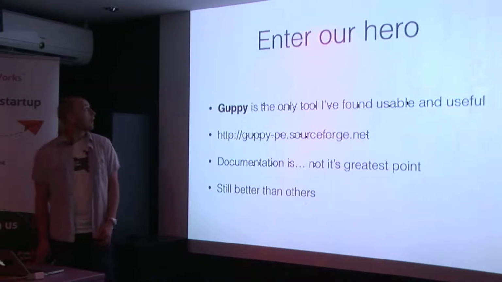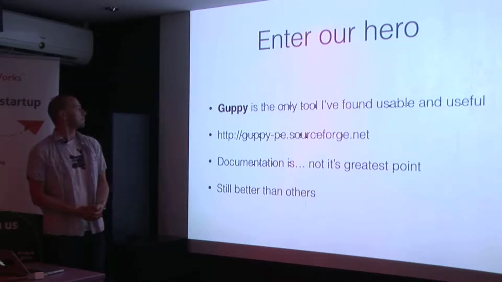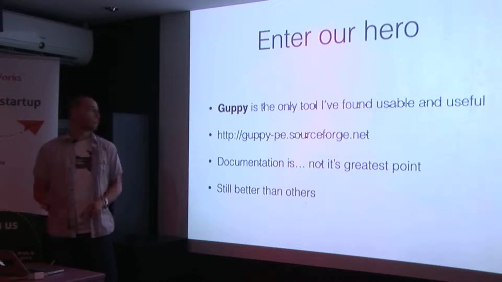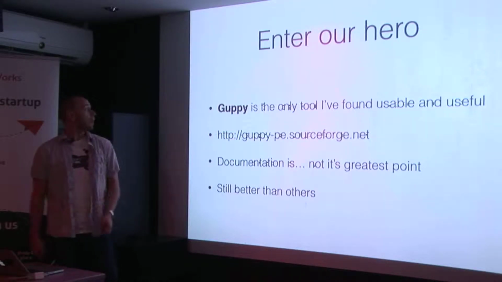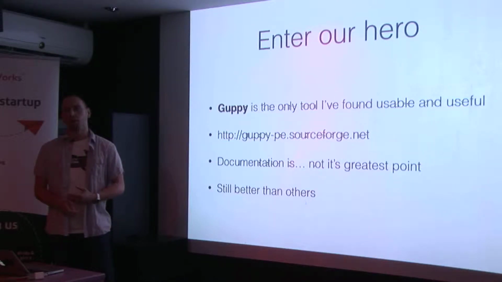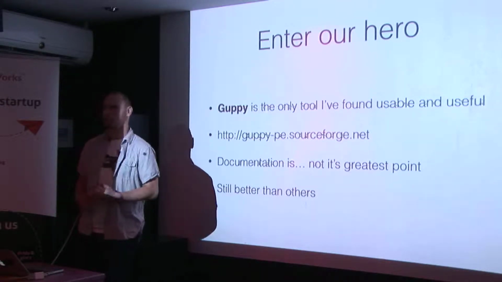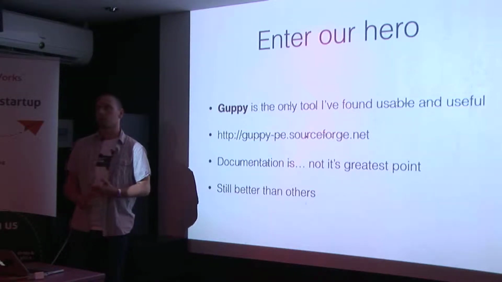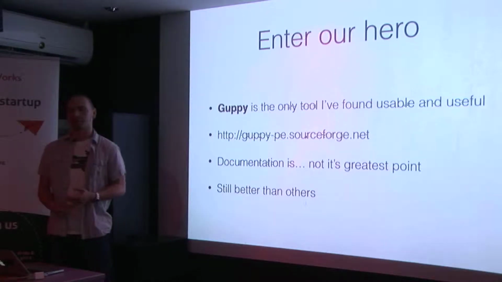So enter Guppy. It's a small library. You can download it from PyPI. Just pip install guppy. That's it. This is the only tool that gave me some help. Probably because I was stupid, but also because most of those tools have absolutely no documentation at all. The only way you can know what you're doing is to look at the code or look at the output of what it's telling you.